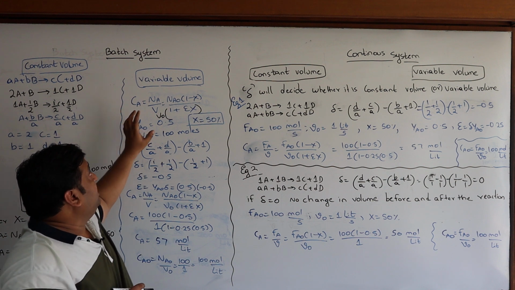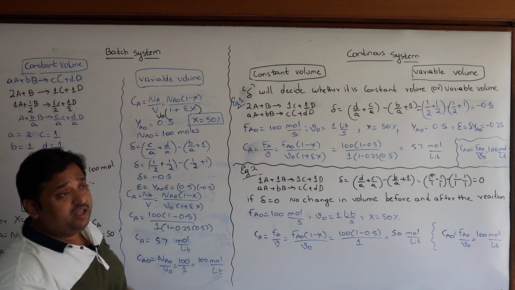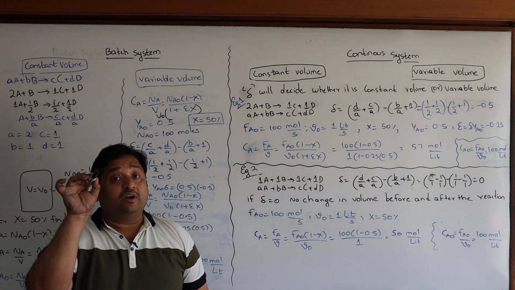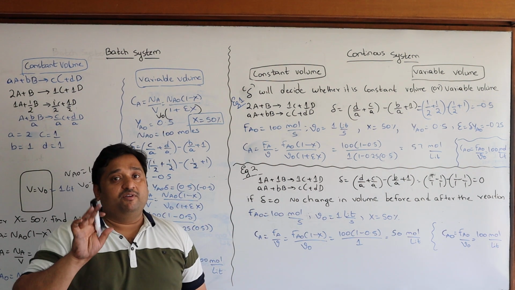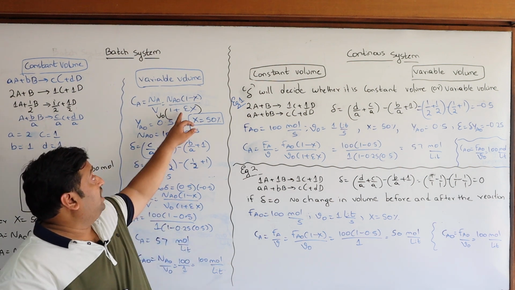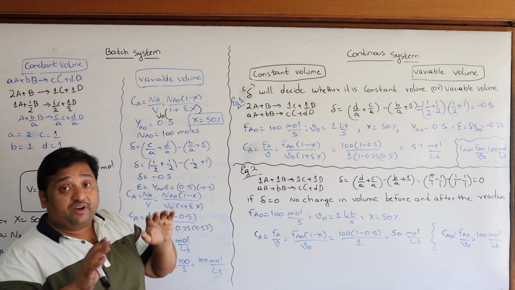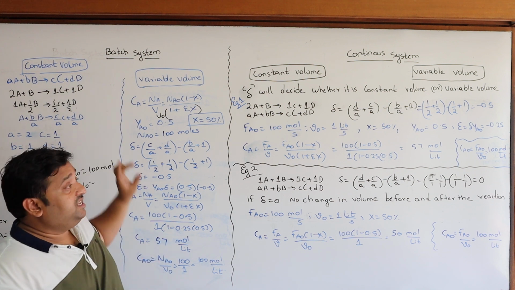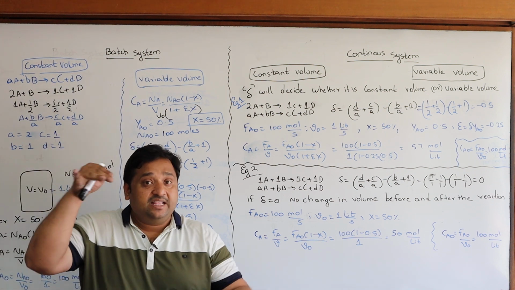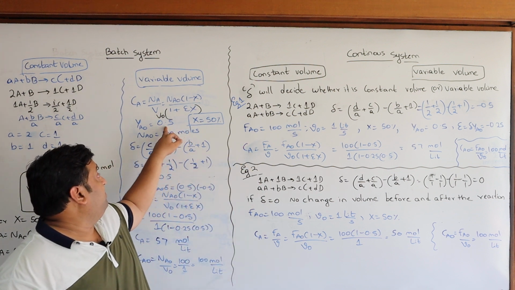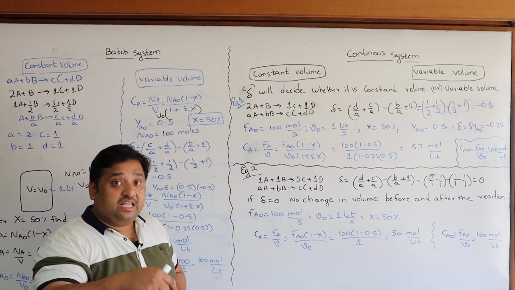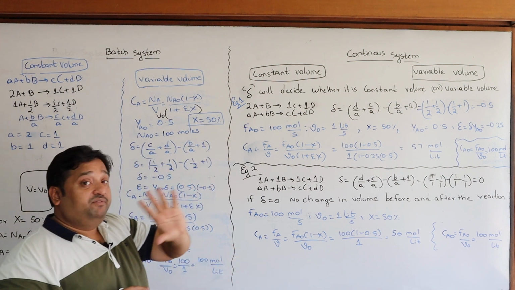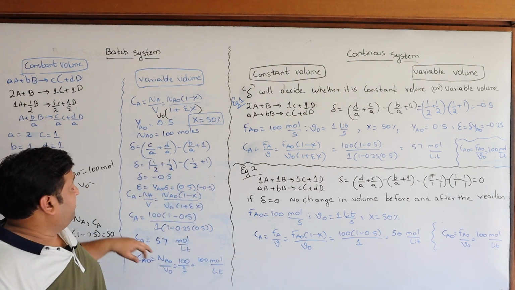In this same reaction, we have to know what delta is and what epsilon is. If you know these two, then we can calculate the final volume after the reaction. I know Ya0, the mole fraction of A in the reactor, is 0.5, the initial moles of A in the reactor is 100 moles, and conversion is 50%. If this is the case, what happens to my final concentration?